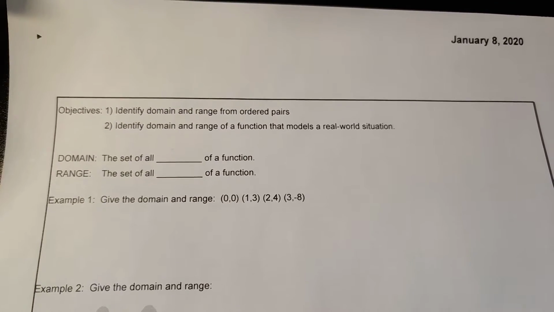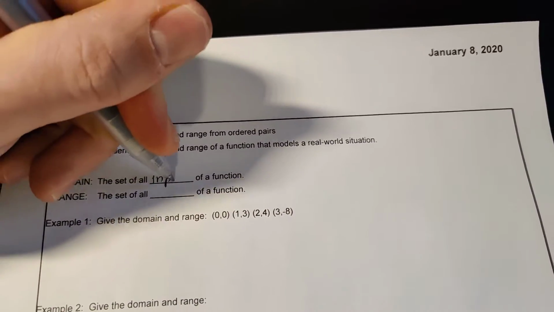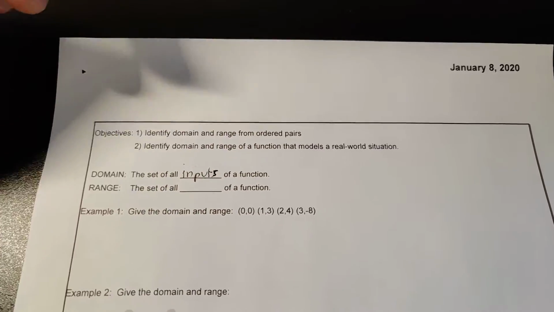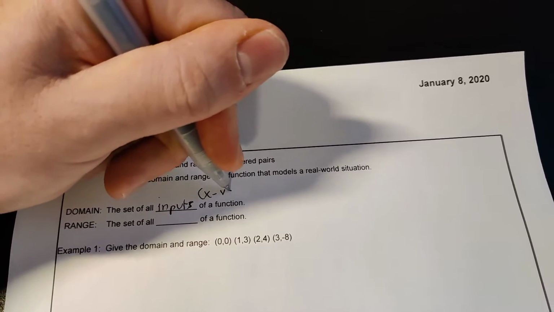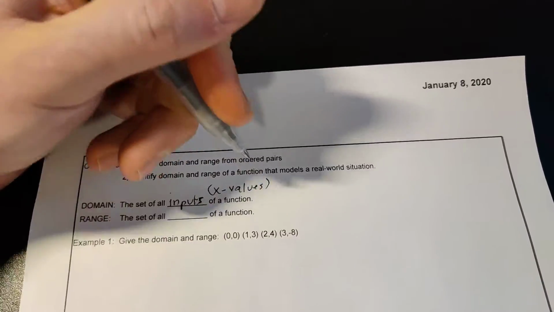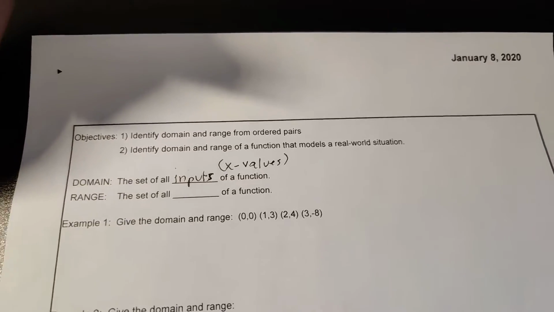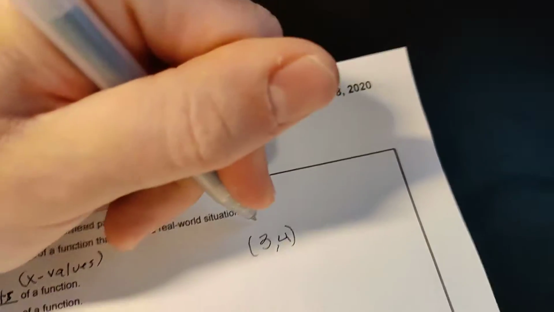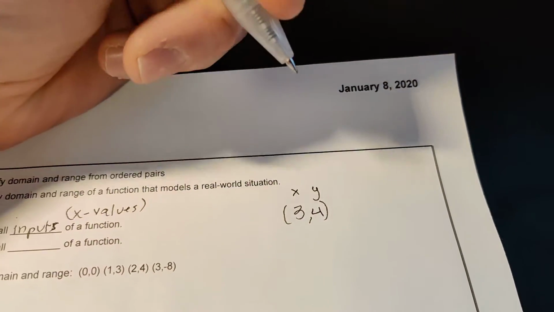What domain means is the set of all the inputs of a function, okay? And we're going to think of inputs as the x values. You should remember from middle school, x values and y values. Remember, if I have the point 3, 4, the 3 is my x, the 4 is the y.